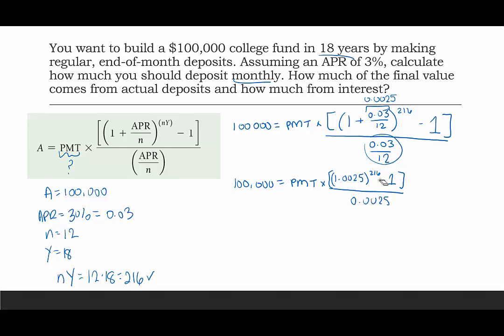When we raise 1.0025 to the 216th power, we end up with a crazy number. It ends up being about 1.71485, blah, blah, blah. So this here becomes something like 1.714, we'll say 9 because there's an 8 followed by 5.